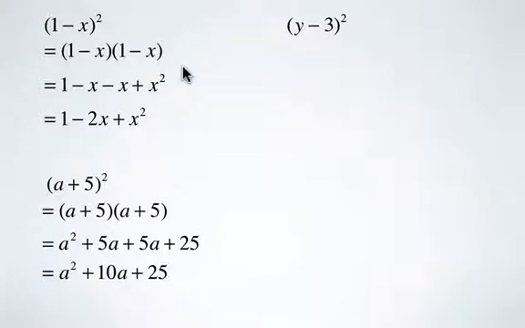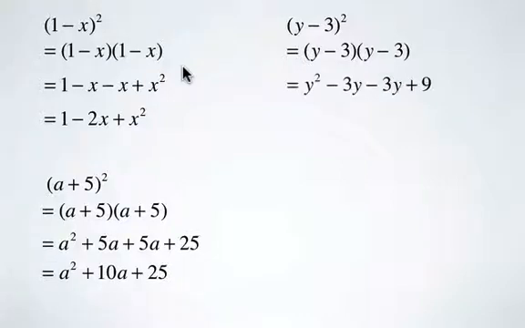Let's try another. y minus 3 squared. It's the same as saying y minus 3 times y minus 3. Y squared minus 3y minus 3y plus 9. And finally, y squared minus 6y plus 9.